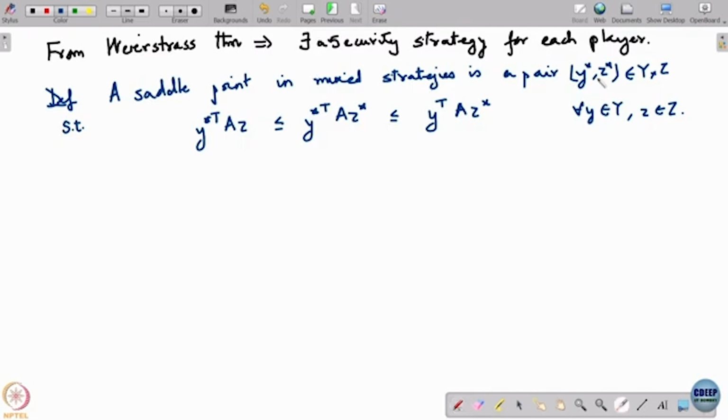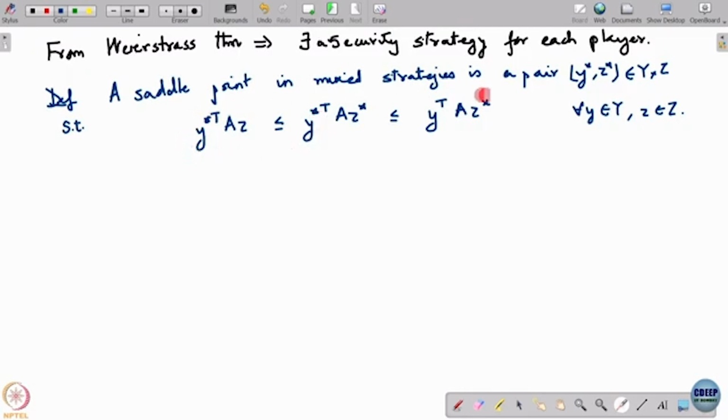So a saddle point is a pair of strategies such that if the column player is playing z star, the row player would want to respond with y star, and if the row player is playing y star, the column player would want to respond with z star.